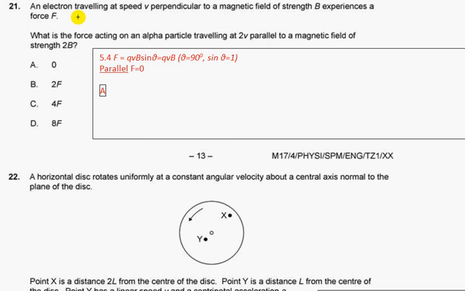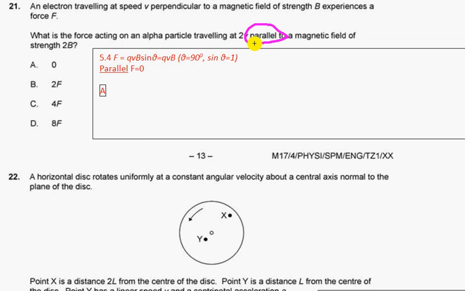Question 21. An electron traveling at speed v perpendicular to a magnetic field of strength B experiences a force F. What is the force acting on an alpha particle traveling at 2v parallel to a magnetic field of strength 2B? Pay attention to these keywords: parallel.